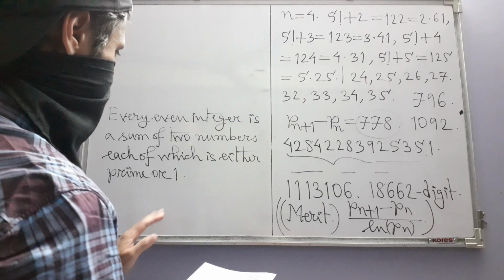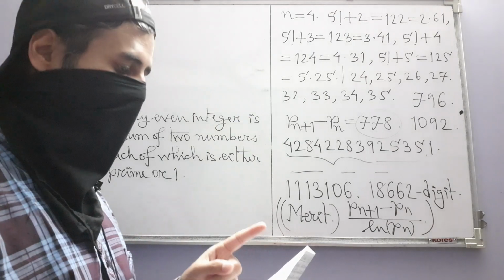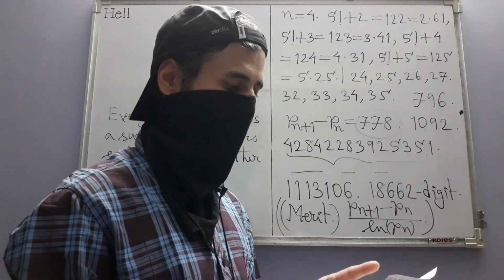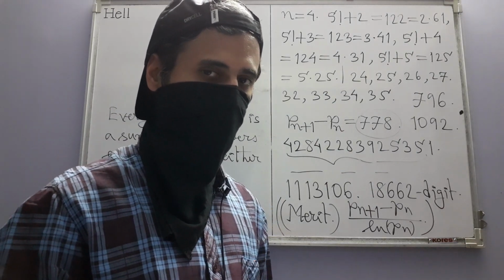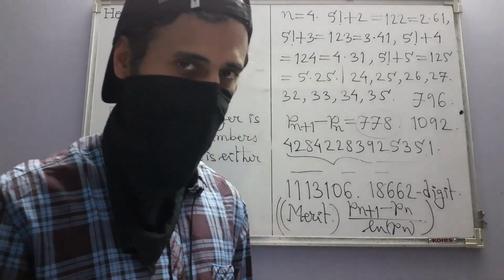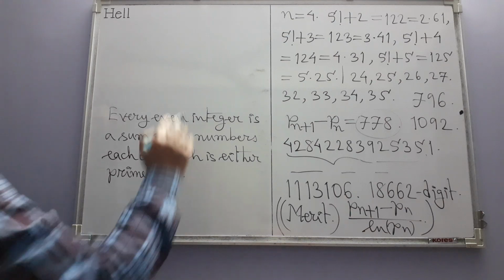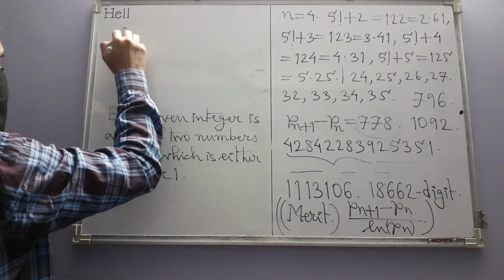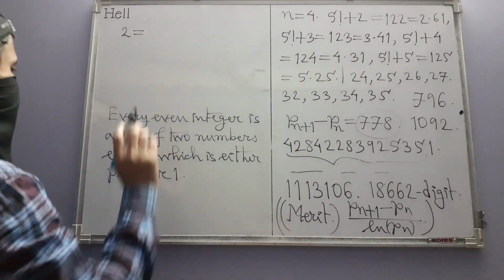But there is a more general formulation of this also, which says that every even integer greater than 4 can be written as a sum of two odd prime numbers. That is also, of course, unsolved. Now, if one starts looking at the even integers, say we have to start with 2.